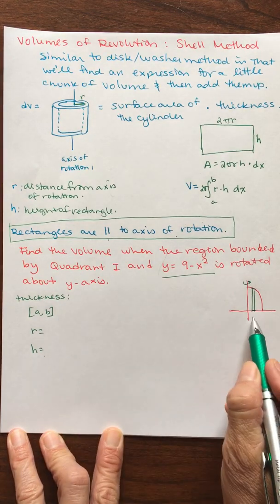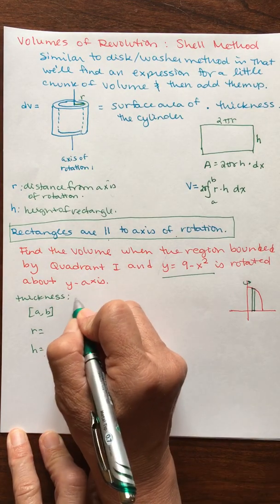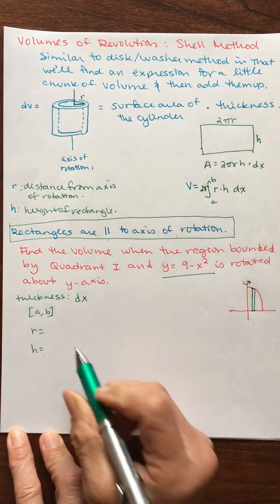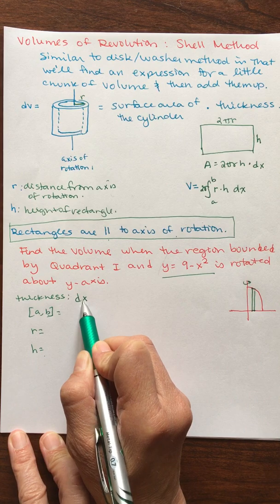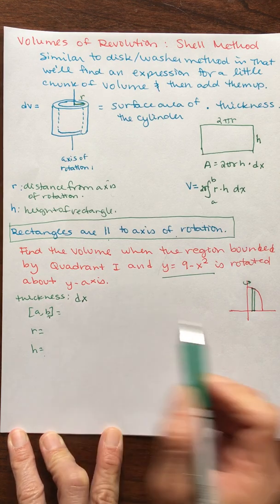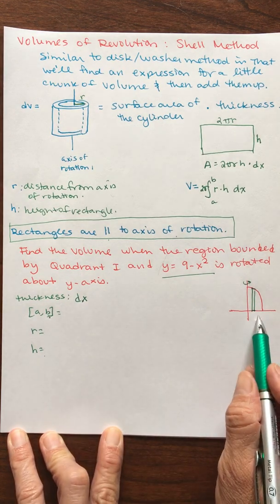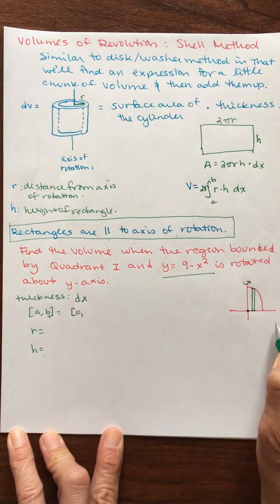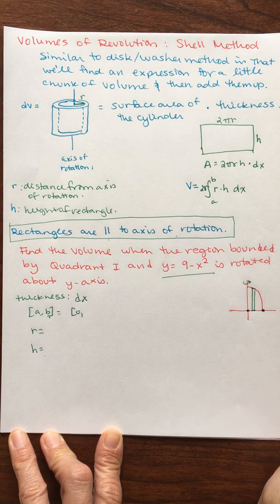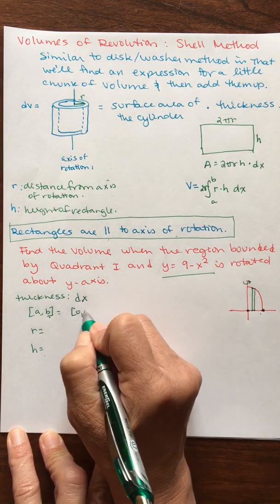My thickness is the little dimension, so that's going to be a dx. Since I'm integrating with respect to x, I need these x values. Where do my x's start and stop here? They start at x equals 0, and they end at the x-intercept over here, so 3.